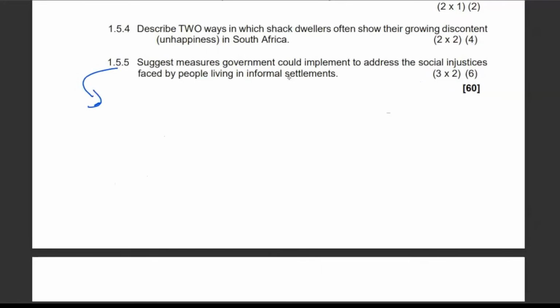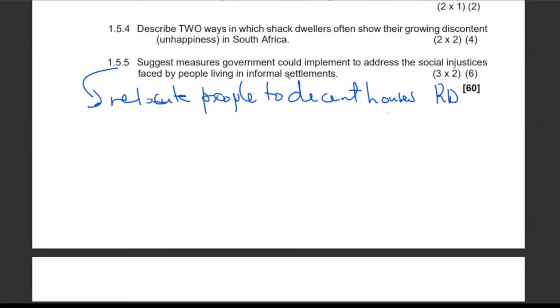What must the government do as a way of trying to solve the problem in the informal settlement? We can talk of relocation of people, relocate people to decent houses. For example, we talk of the Reconstruction and Development Program by the government, the RDP program, which is trying to provide less costly housing to the people.